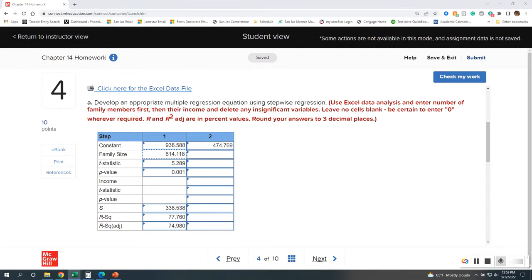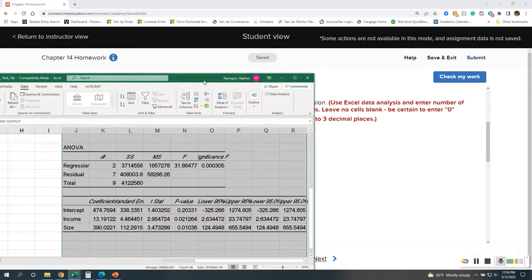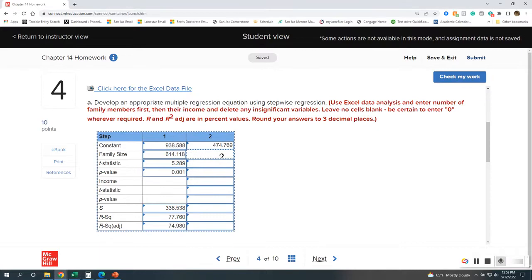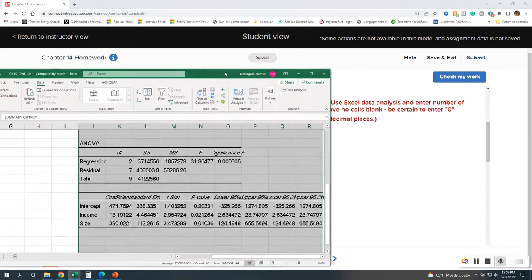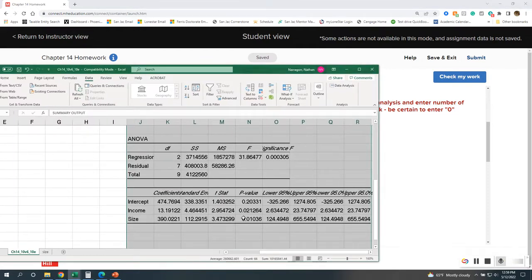Family size has now changed. It is now 390.0221. T statistic for the family, 3.473299. P-value is 0.01036.